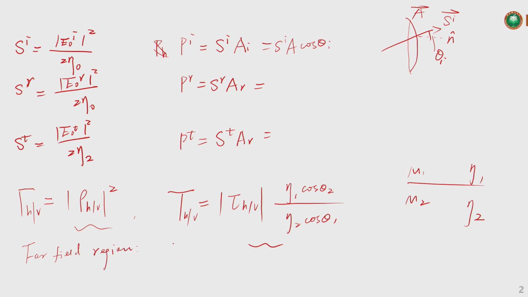For the far field region, we define the distance between the antenna and the observation point as larger than 2D squared divided by lambda, where D is the antenna's linear dimension and lambda is the wavelength. So this is the definition for the far field distance.